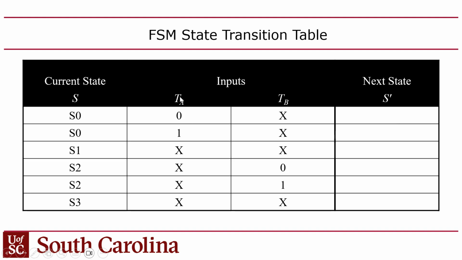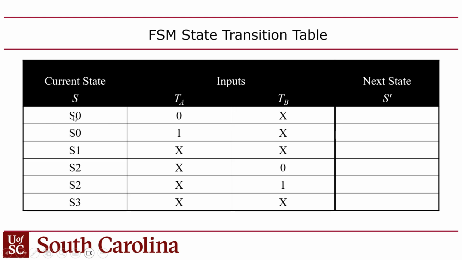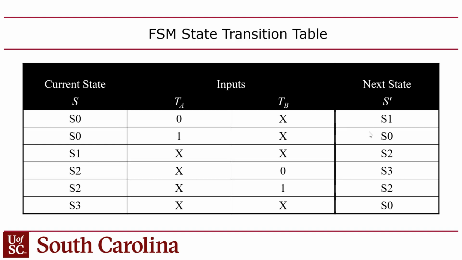And the inputs, I mentioned that the traffic sensors are binary. And so if you're in state 0, which is where you have a green light on academic, as long as we have traffic on academic, we're going to stay in the same state. So this next state will be S0, right? However, if you have no traffic on academic, then your next state will be S1, which is where we have the yellow light on academic, right?